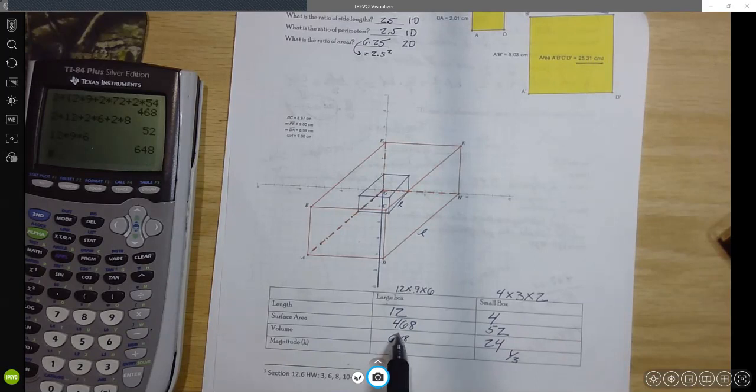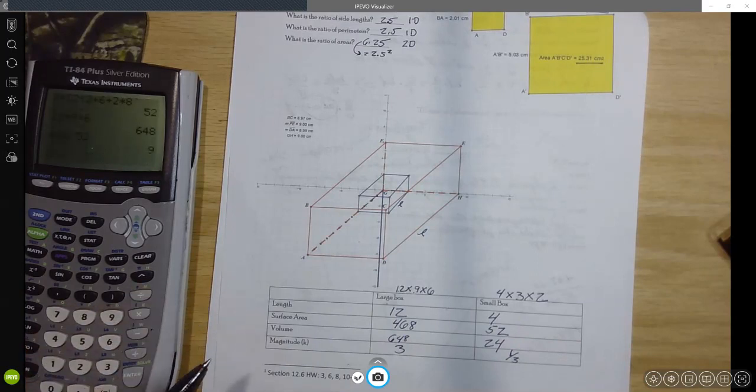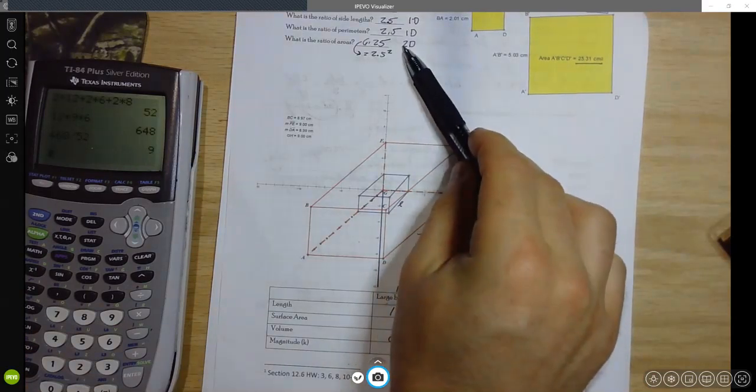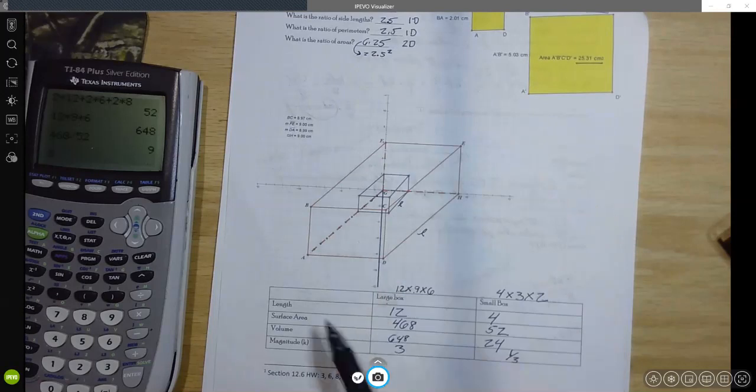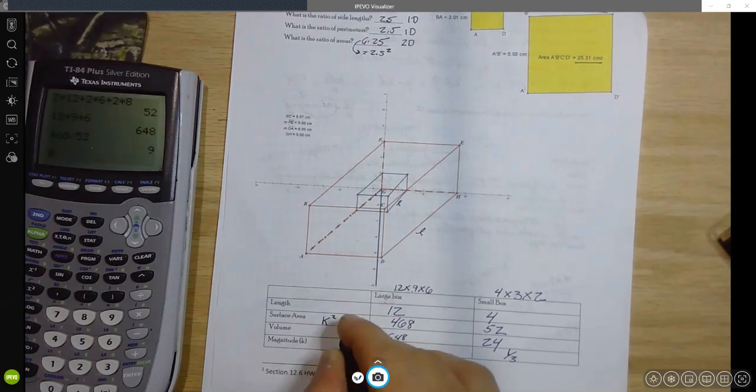Now notice the surface areas, are they in a ratio? Let's take a look. 468 divided by 52 is 9. And so looking back up here at the lesson we learned, area is two-dimensional, surface area is two-dimensional. So the K squared, so the magnitude squared, value is 9.